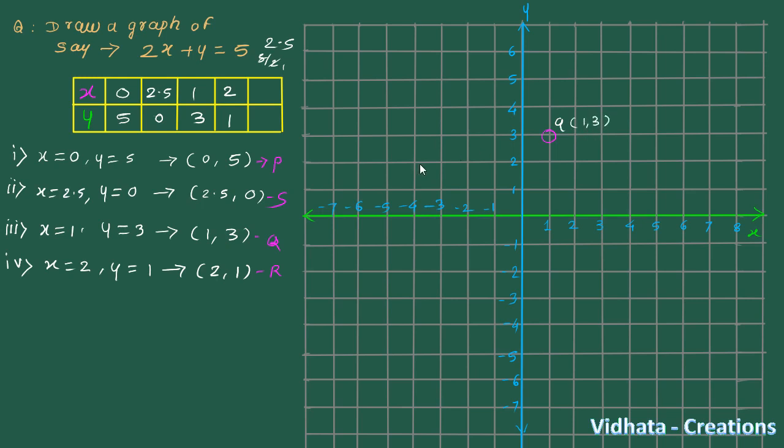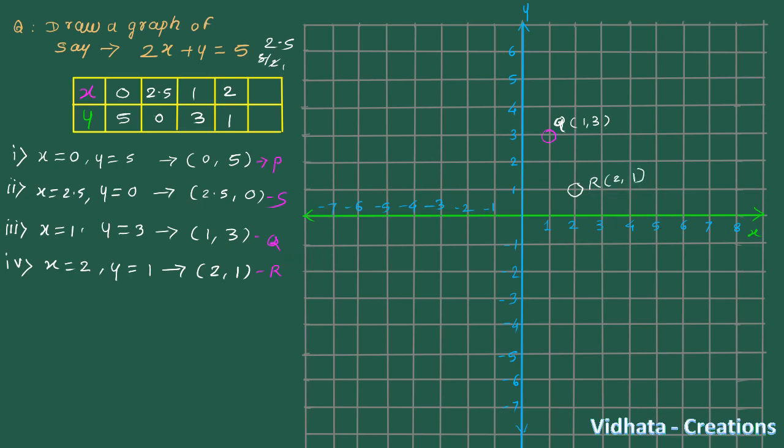Now let us plot the point R. The coordinates of point R are 2 and 1. X coordinate is 2 and y coordinate is 1. This is your point R, whose coordinates are (2, 1).